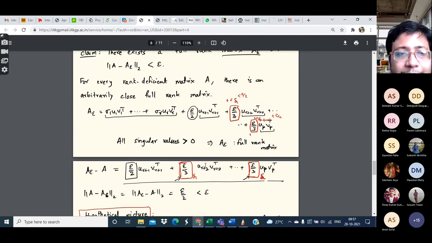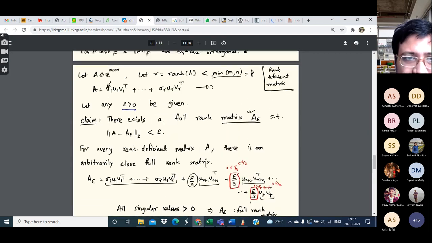That means whenever we are given a rank deficient matrix like this A, I can always approximate it by a full rank matrix A_epsilon such that the error of approximation is within the threshold epsilon that has been given to you.